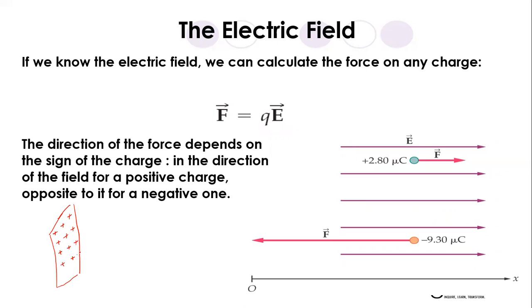And I take another similar plate, and I deposit negative charge. Then the field that will be established between these two plates, plate 1 and plate 2, will be a parallel field.